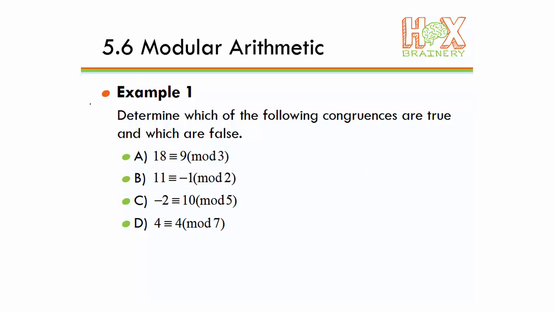So example 1: we want to determine which of the following congruences are true and which are false. Part A is 18 congruent to 9 mod 3, and we want to know if that's true.